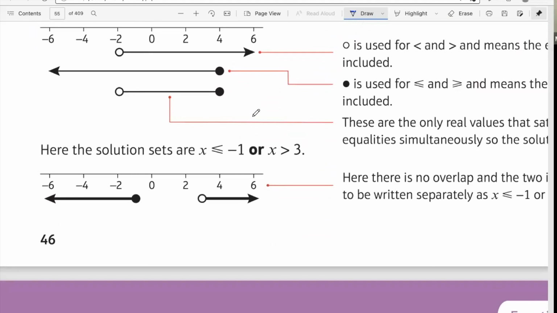Number line: when to shade the circle or when to leave it like that. When it is greater than or equal to or less than or equal to, we shade the circle. And when it is only less than or greater than, you leave the circle unshaded. Shading means it is included.